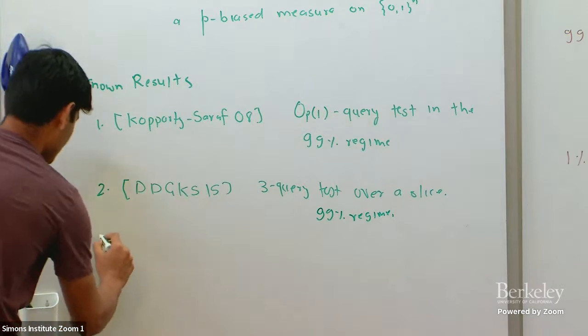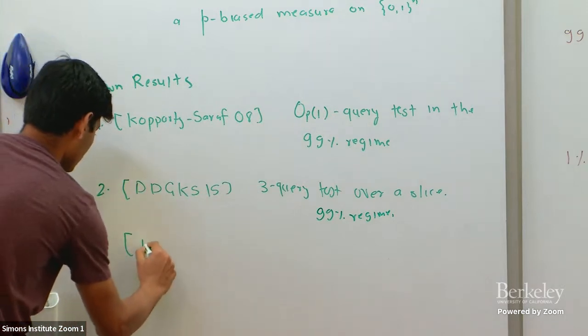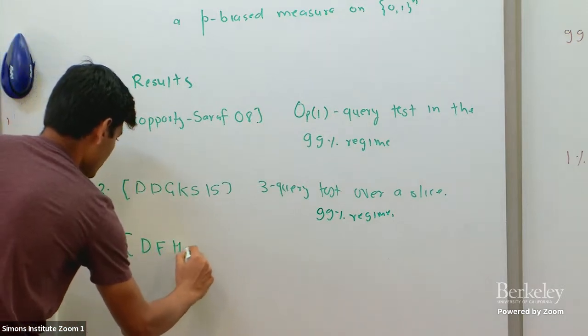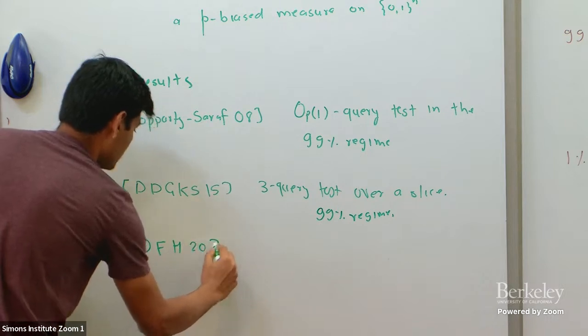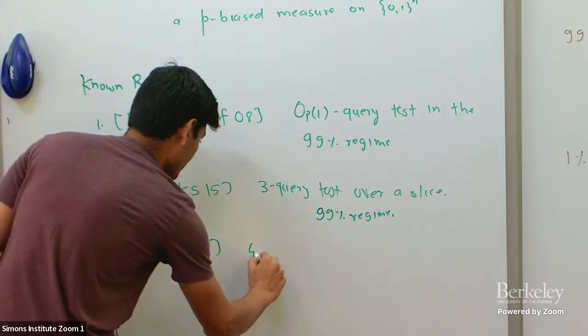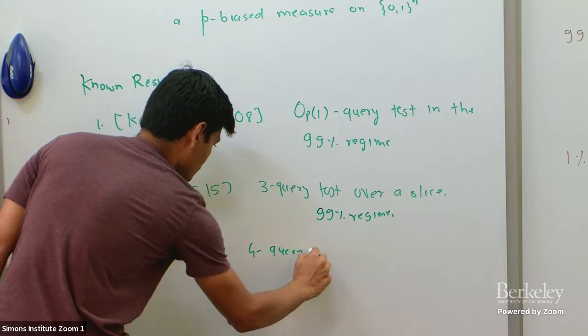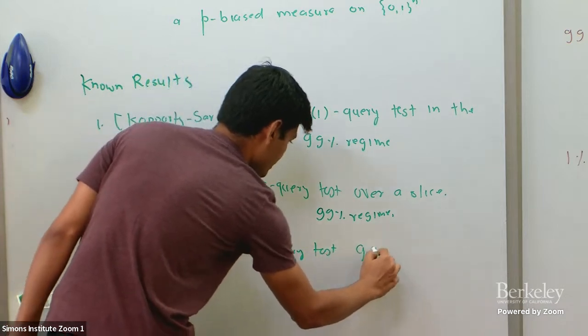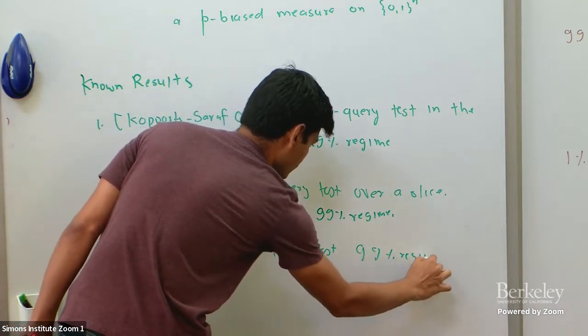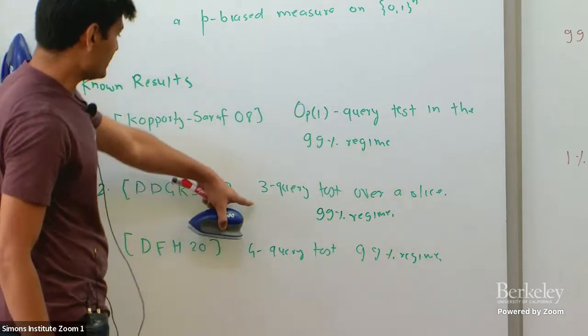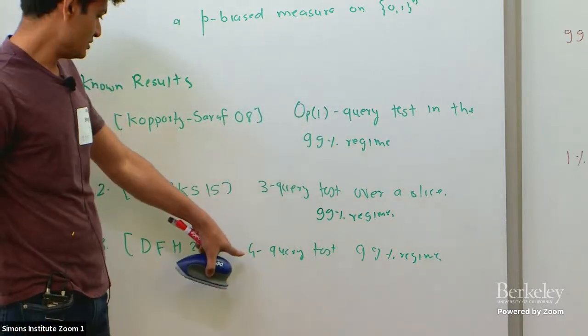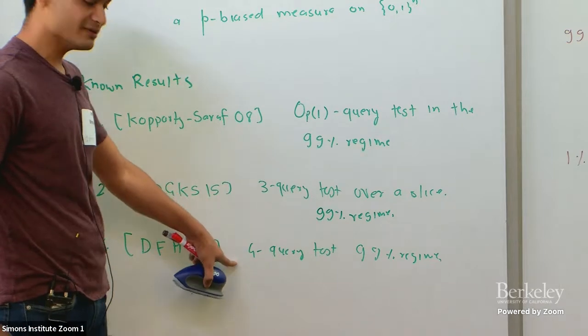Okay, and recently there's a paper by Dinur, Filmus, and Harsha. They gave a 4-query test in the 99% regime. I already said that this is more or less the same as p-bias, but what is new? They didn't just give a linearity test.